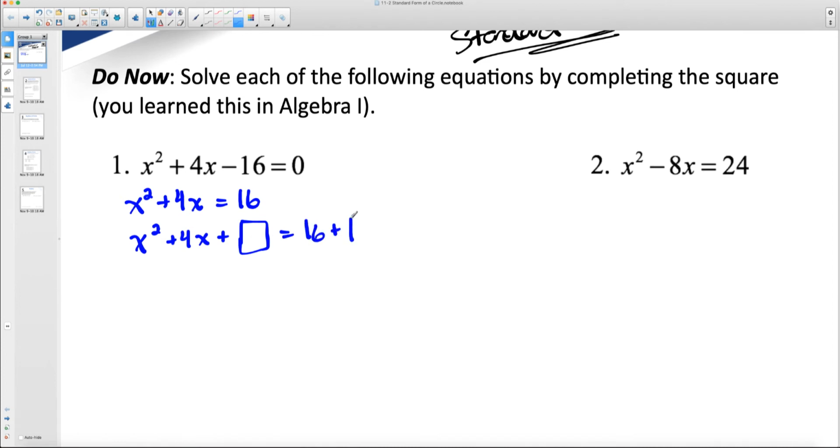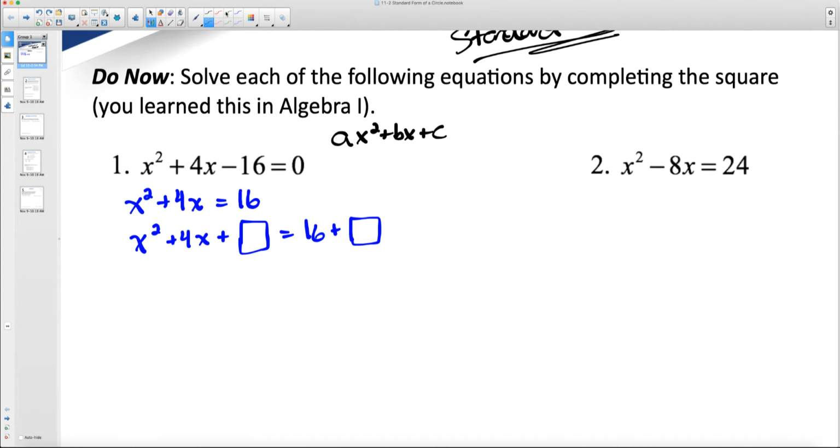Now, if you remember last year with completing the square, we're trying to make this what we call a perfect square trinomial, meaning that it factors to be the same thing twice. The way to do that is by taking our b value. Just a quick thing here, ax squared plus bx plus c.